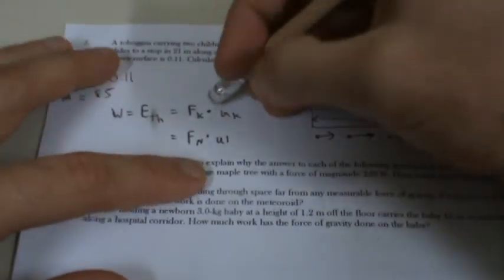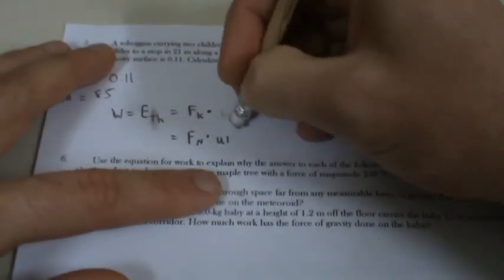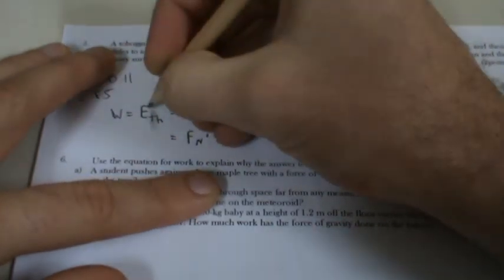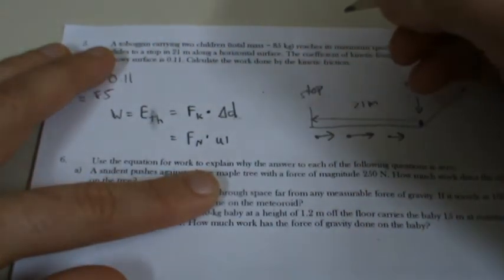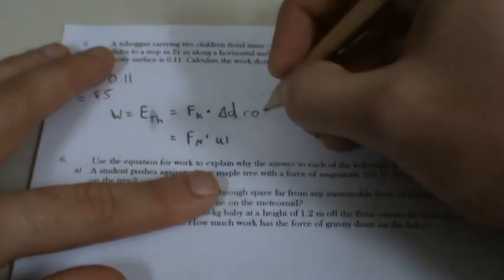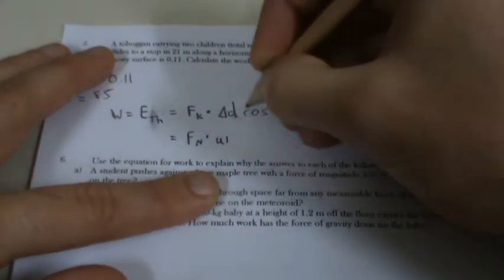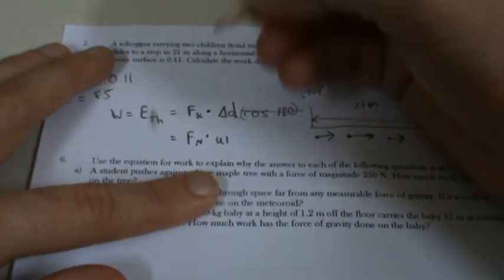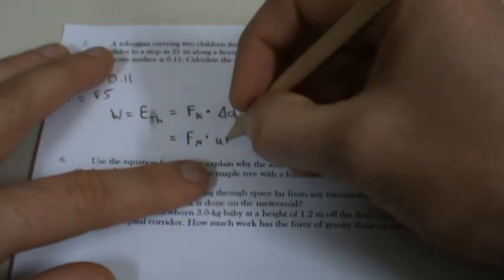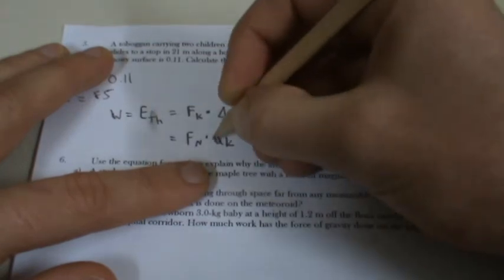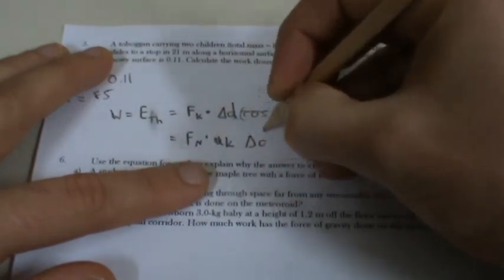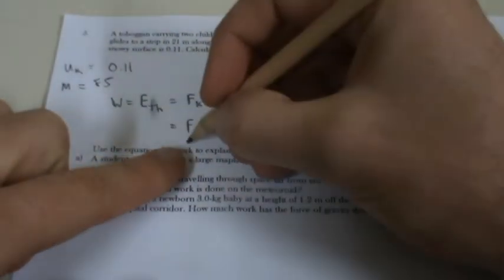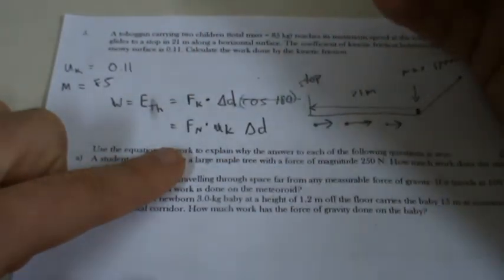Oops, I messed this formula up, sorry. This is actually delta D. If you look at the thermal energy question, you can also put in cosine of 180 here as well, or you can know to make it negative at the end, and I'll explain that in just a moment. So there's μK, and then also delta D, and then remembering that the normal force on a level surface is equal to the force of gravity.